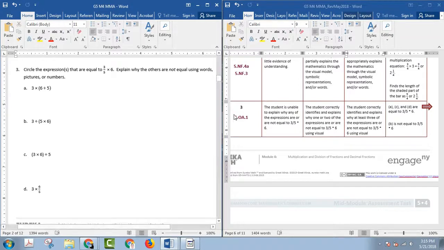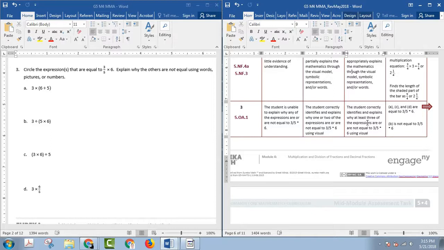So the 3: the student correctly identifies and explains why at least 3 of the expressions are or are not equal to 3/5 times 6 using visuals. So if the student gets 3 of the 4 correct and explains them, the explanation is the important part, then that is the 3.